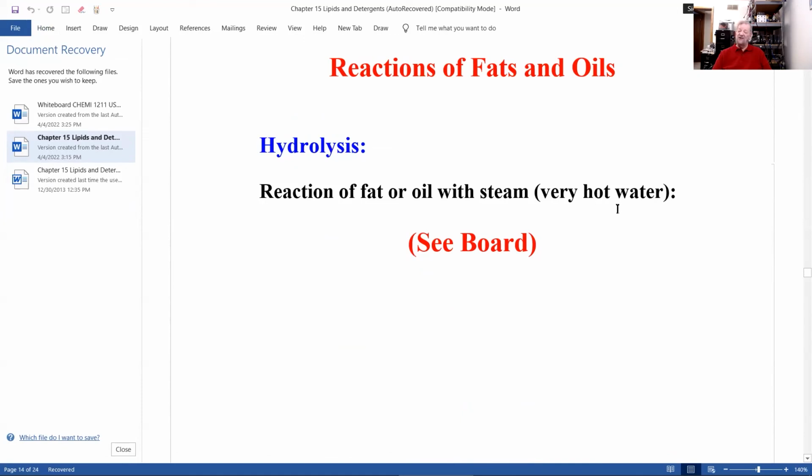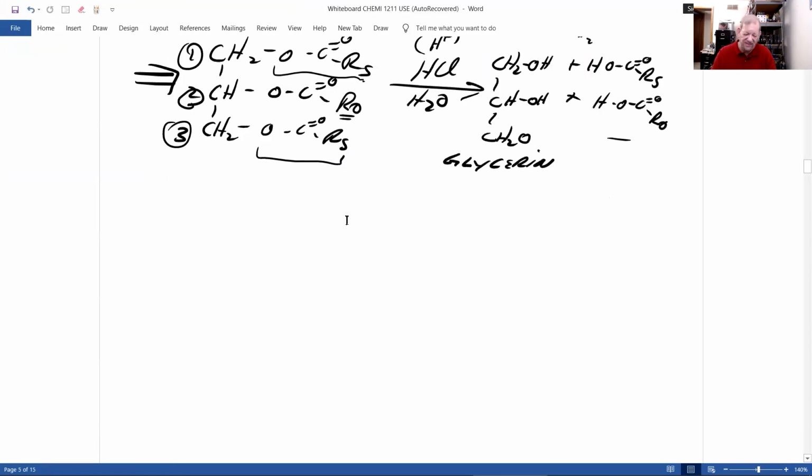Hot means a higher temperature than what we did with acid. And what's the definition of hot water? Real hot? Steam. And in a chemical plant, high pressure steam is dangerously hot. It can kill you if you're not careful. You get hit with that. And so let's look at the following.